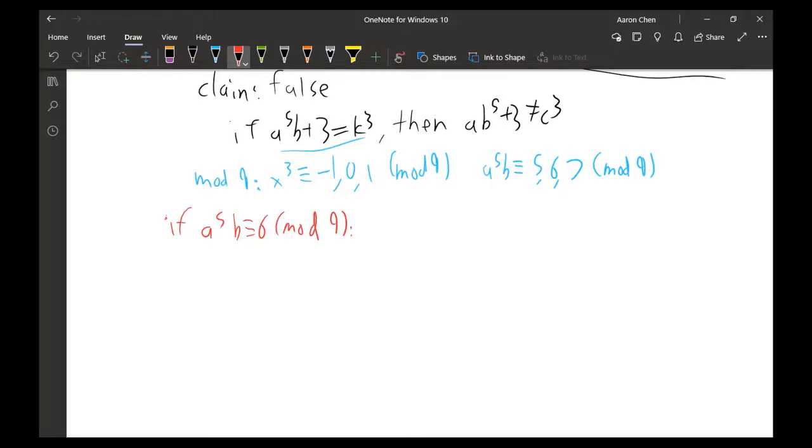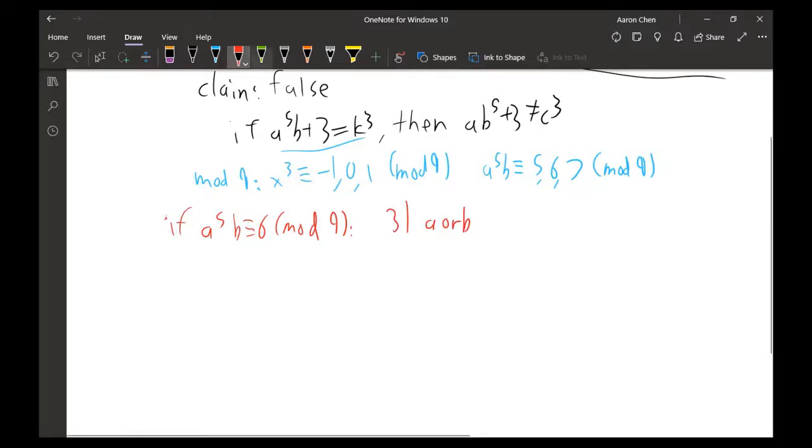The reason we choose this first is simply because 6 and 9 share a common factor. So a to the power 5 times b is equal to 6 mod 9. That implies that 3 divides a or b, or possibly both.